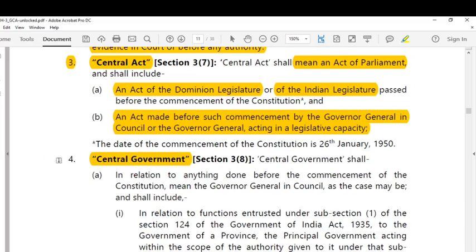Now, the definition is about central government.